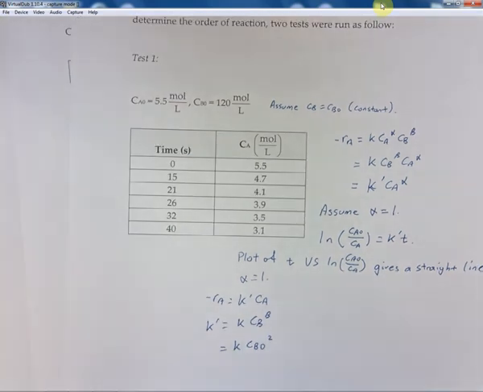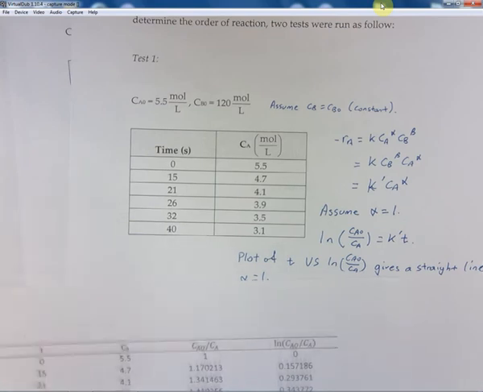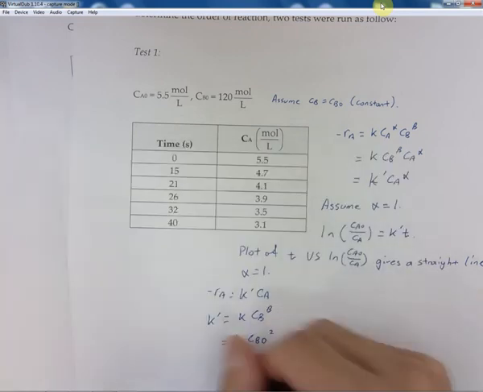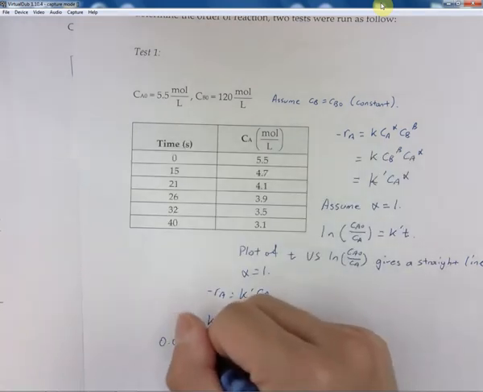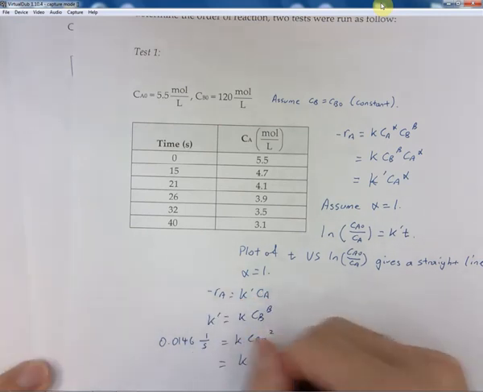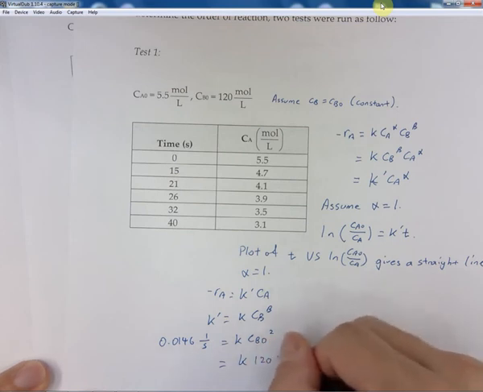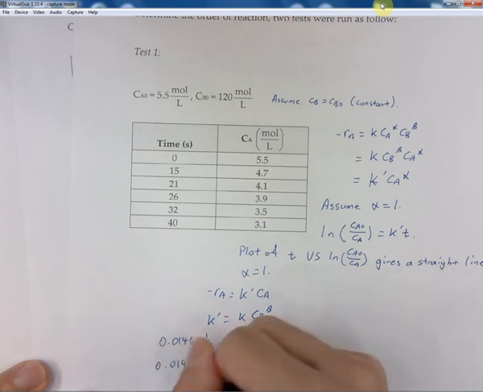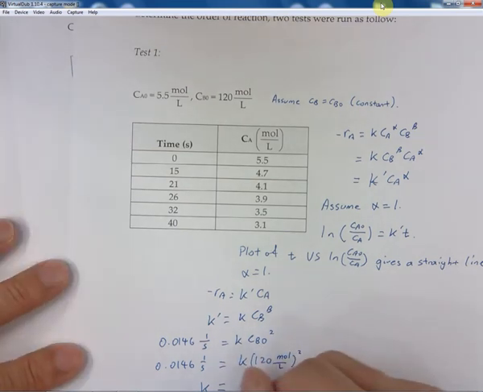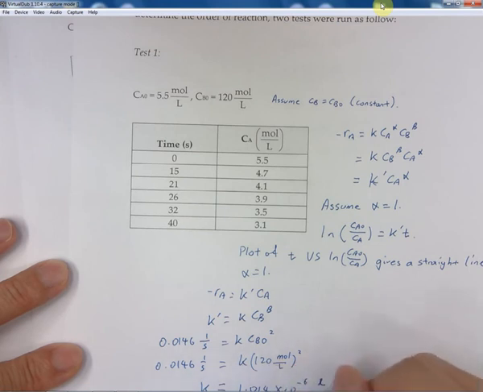And from our initial plot, what is our k prime? k prime is 0.0146, and it's a first order, so it's per second. And CB naught for this case is 120 mole per liter, squared, times 0.0146 per second. So we can find k to be 1.014 times 10 to the power minus 6, similarly in liter square per mole square per second.